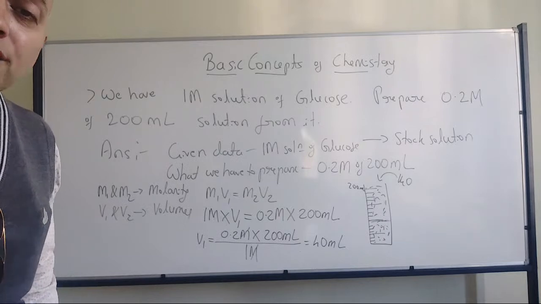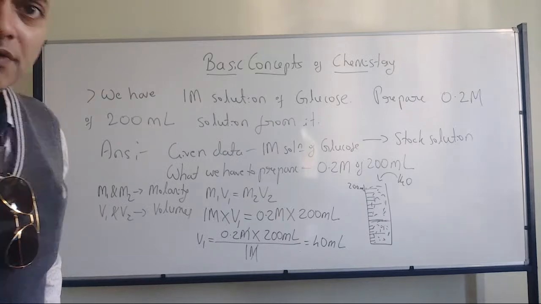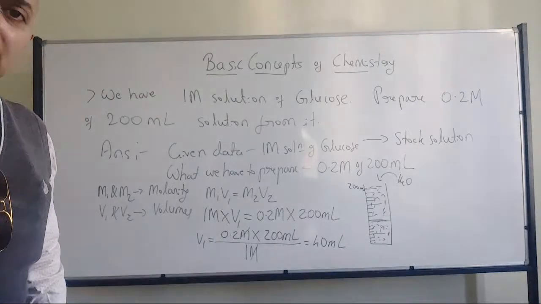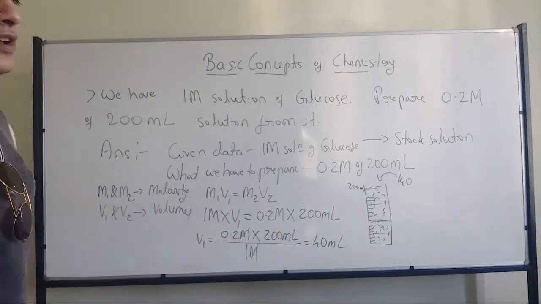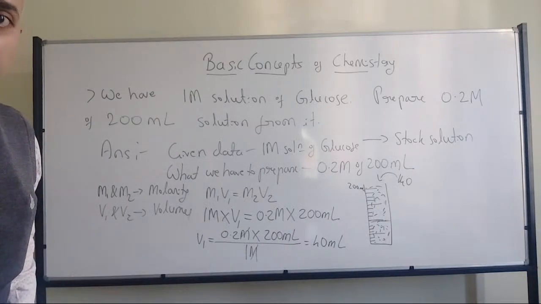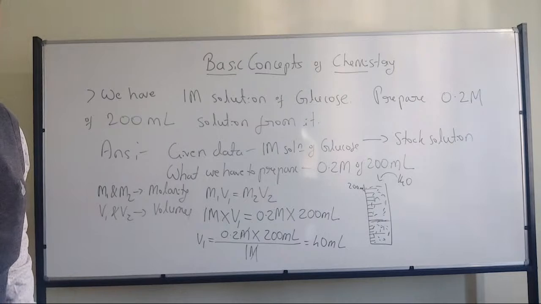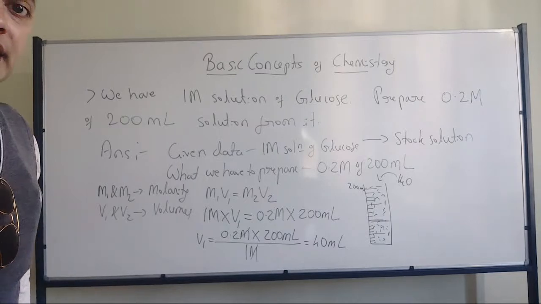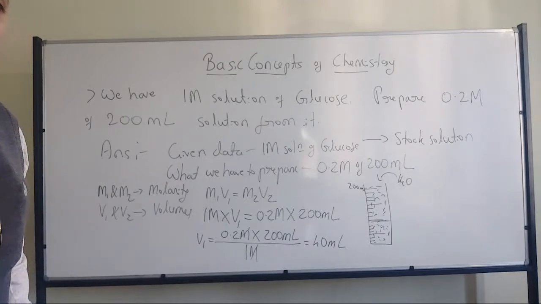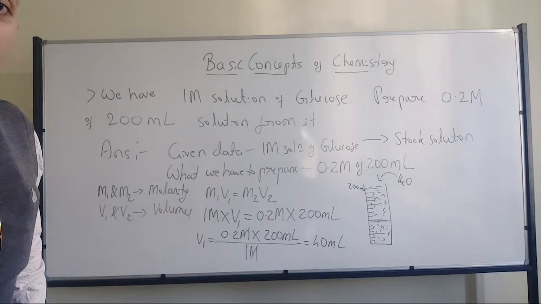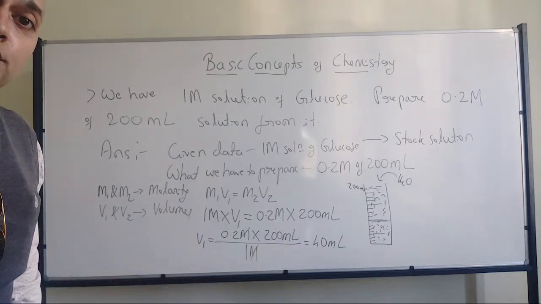Here we are not weighing anything. Whatever solution we have, we take from that and make the required concentration. Any doubts? So we have got 40 ml of glucose stock solution. From that I should take 40 ml and make up the volume to 200 ml using water. Please remember, I am saying make the volume up to 200 ml.